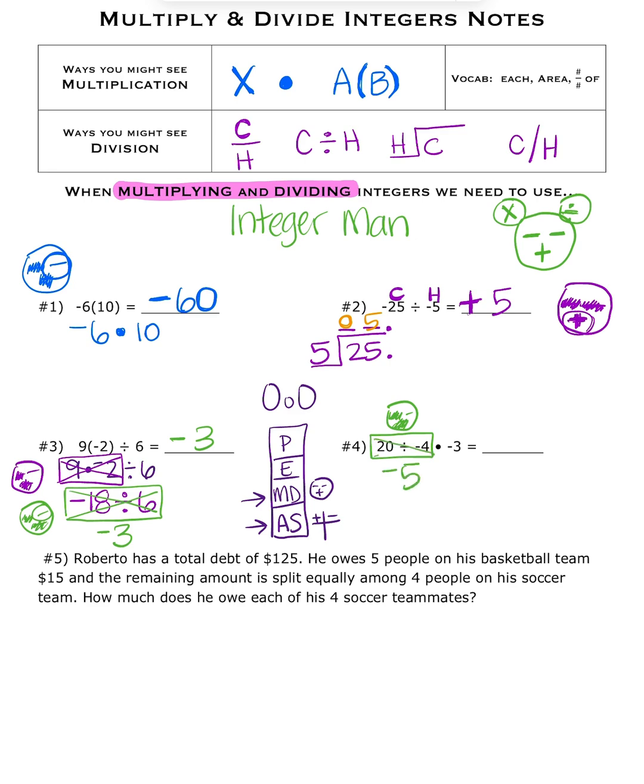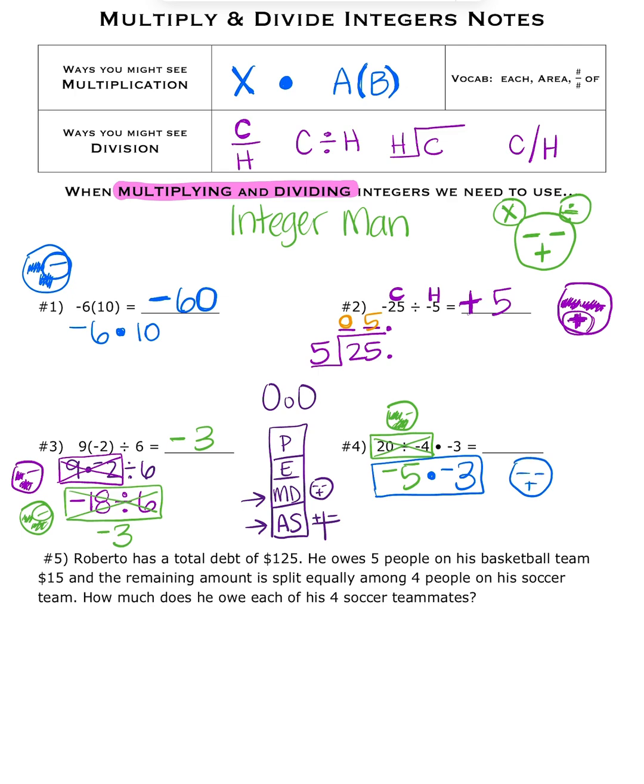And then I can cross that out and I can bring down the rest of my problem, which will be times -3. So I box the next problem and I say, okay, it's multiplying with a negative. I need my integer man.